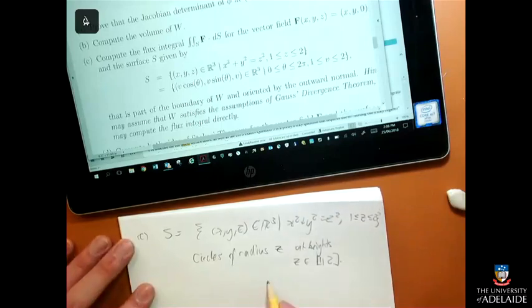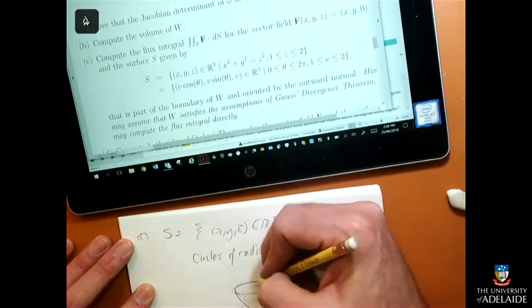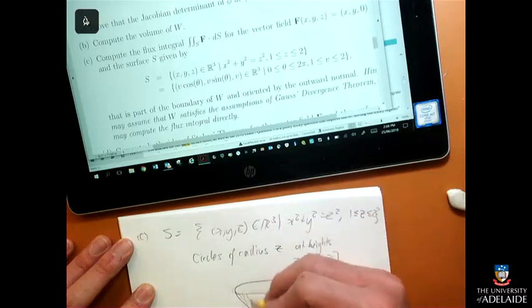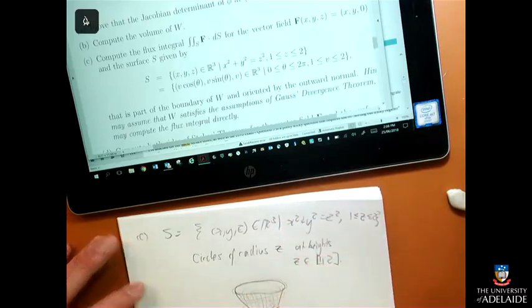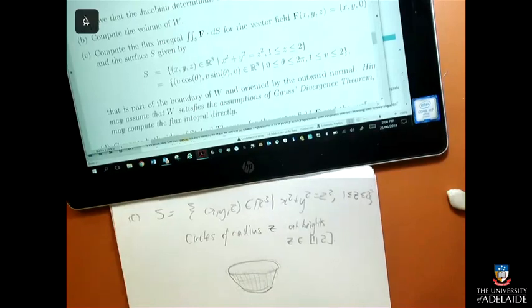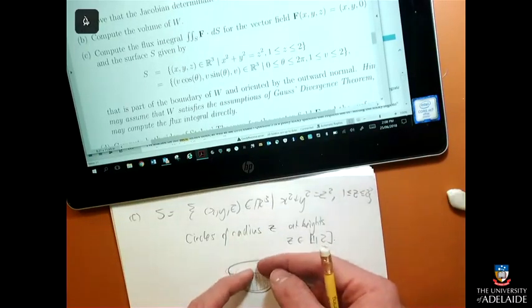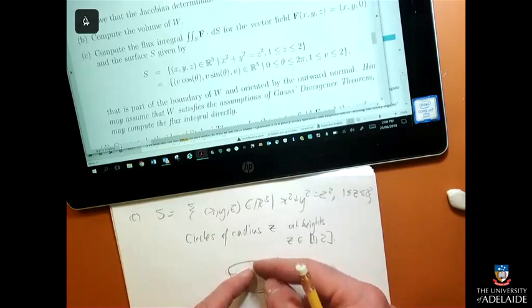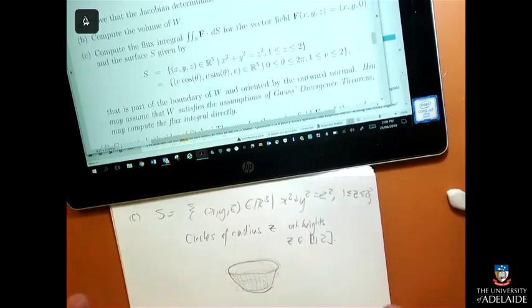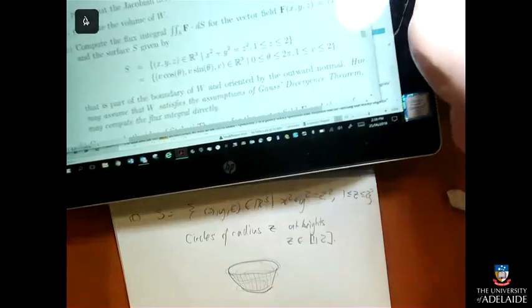Okay. The important thing is that it doesn't include the top or the bottom. It's just the outside. Because to get the middle here, I needed to do the less than or equal to 2 at that top level. So it's only the lampshade. It's not the top and the bottom. Okay.